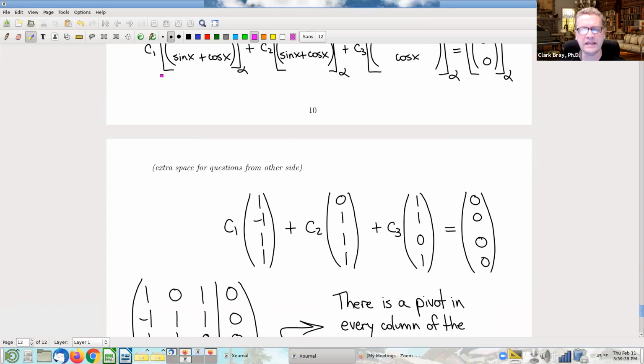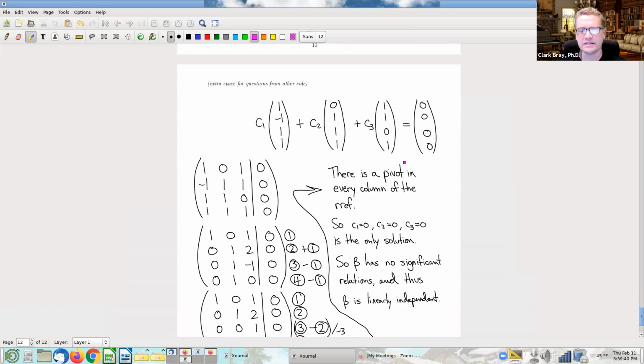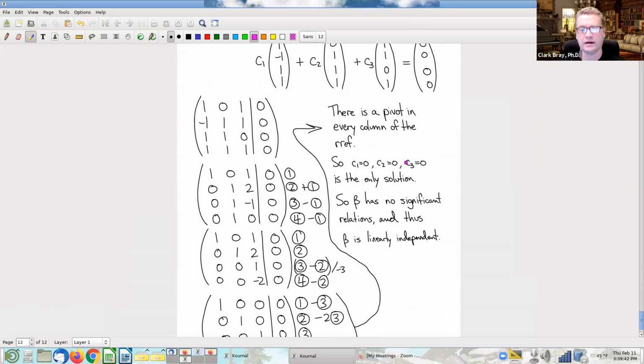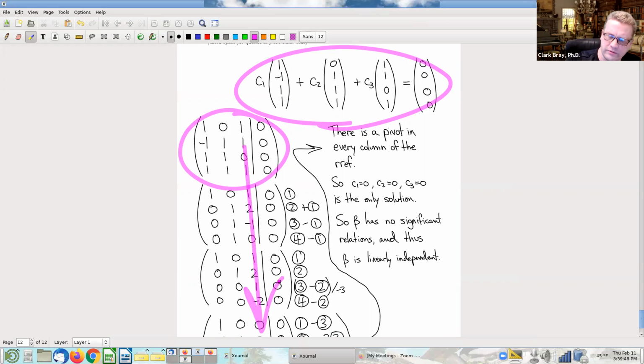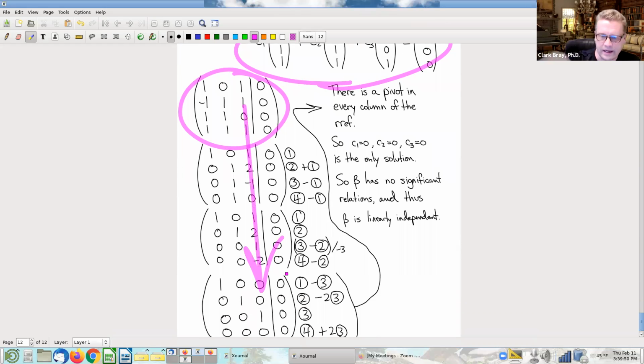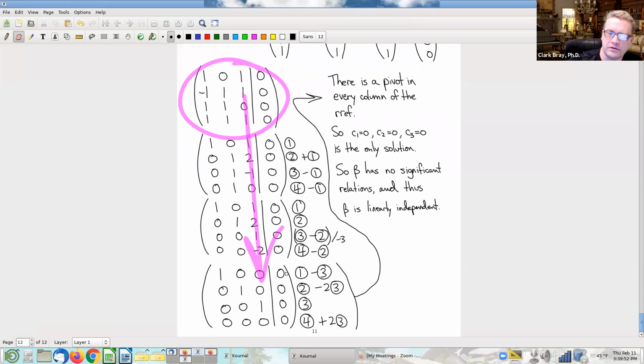Some tedium to be done, but it's just a matter of doing it. No big deal really. This equation turns into this augmented matrix, which we row reduce, and then we draw conclusions from the reduced echelon form.